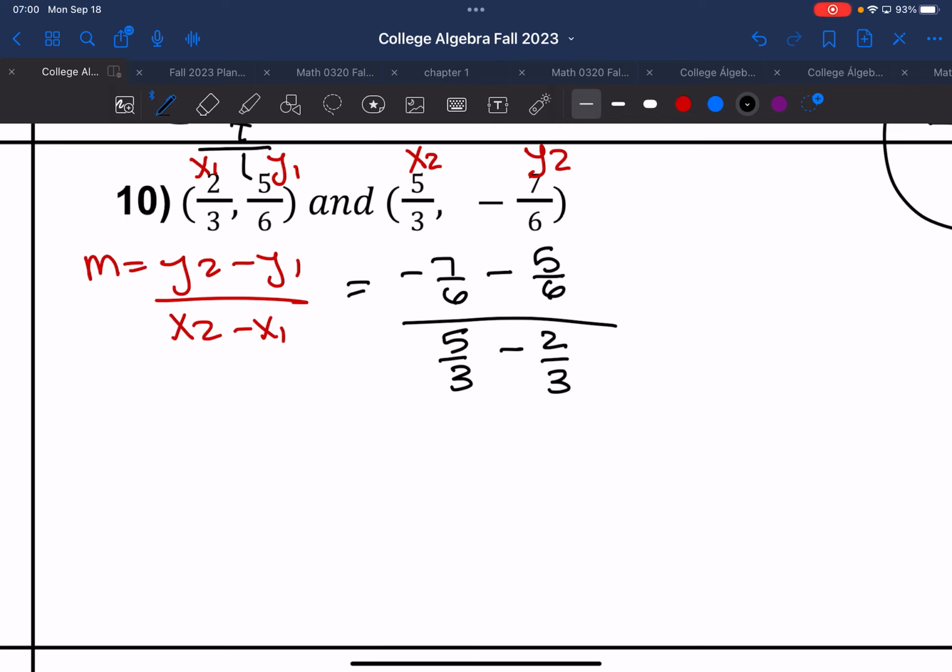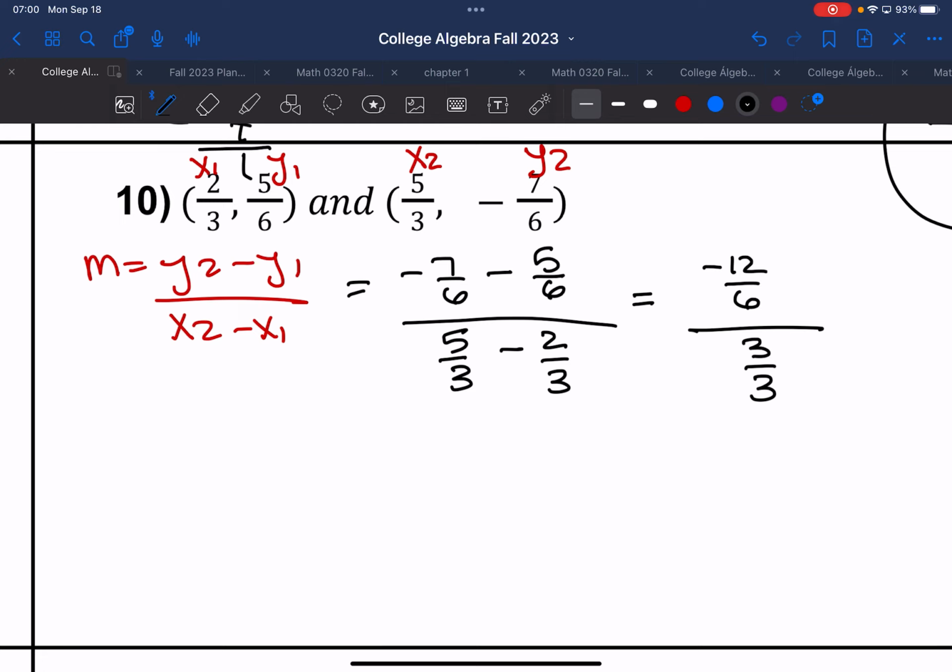So at least when we plug all our numbers into the formula, they already have a common denominator. The top one is 6, bottom one is 3. So that means we're just going to simplify these numerators here. So negative 7 minus 5 gives us negative 12 over 6. And then on the denominator, 5 minus 2 gives us 3 over 3.